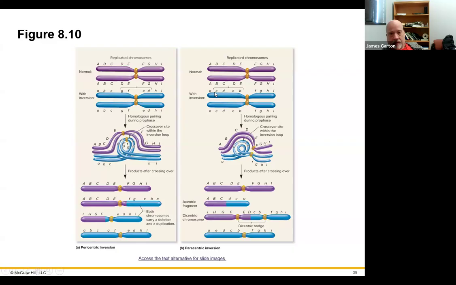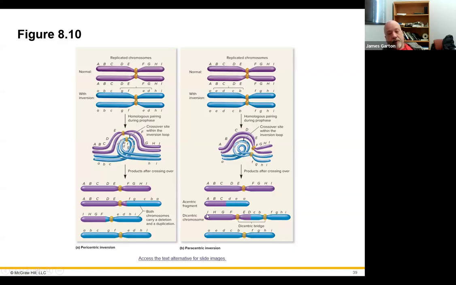And if you have that paracentric inversion, again, it's going to form a loop. Again, things now align. And you'll end up with, again, one chromosome that's essentially normal, another chromosome essentially normal, but then you'll have this fragment with no centromere, and that'll get broken down.